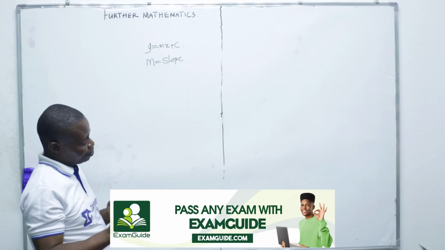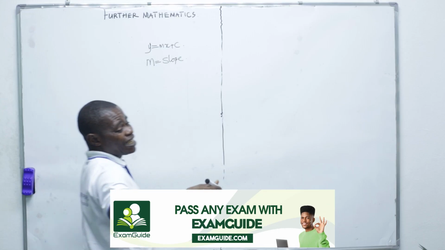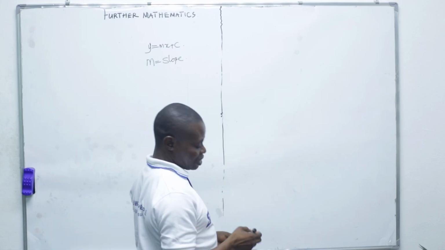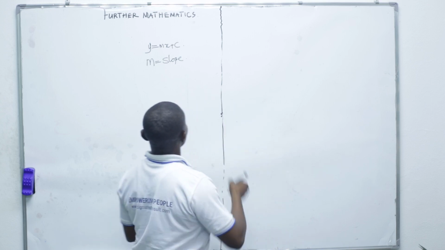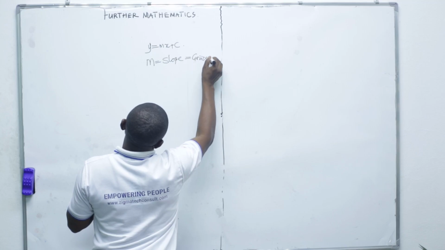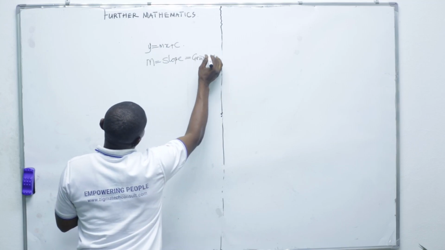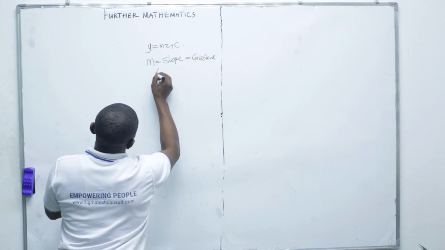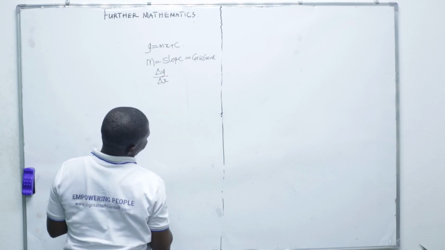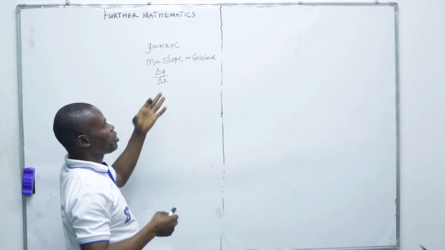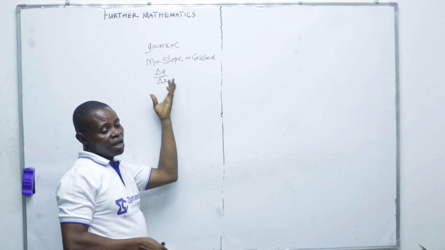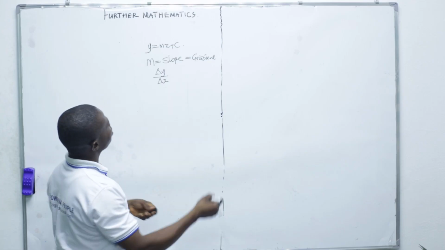Listen very well. Slope is the same thing as saying dy/dx, that is gradient. I can call it the gradient. I can also call it, mathematically, change in y all over change in x. Listen to the names I'm calling: slope, gradient, change in y all over change in x.